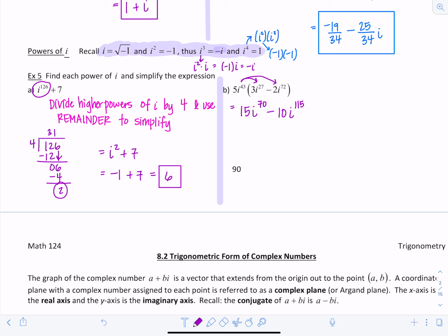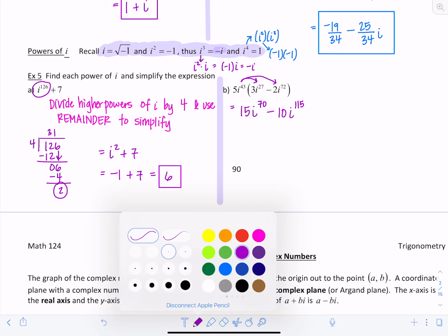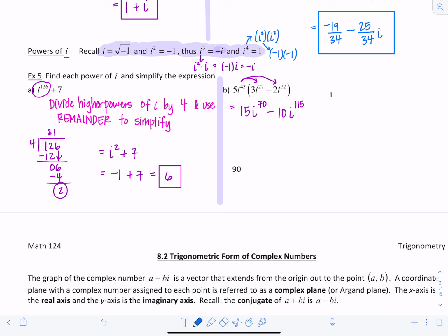Oh, fabulous. Okay, so now what I want to do is take 4 and divide it into each of these exponents. So 4 into 70. Let's see, that goes once, and then it goes in 7 times into 30. And the remainder is 2. So this is the same as 15i squared because of that remainder.